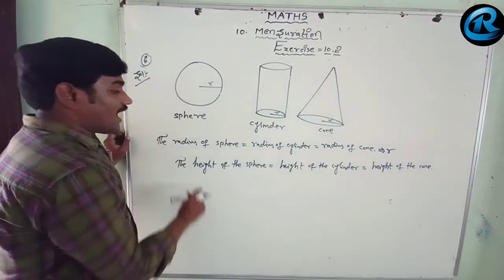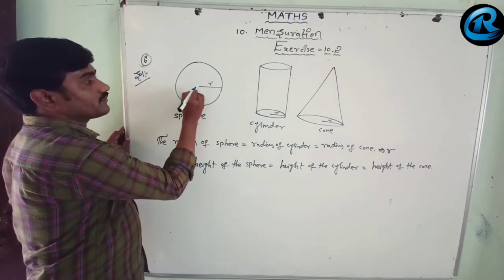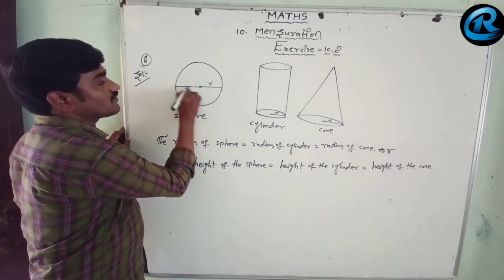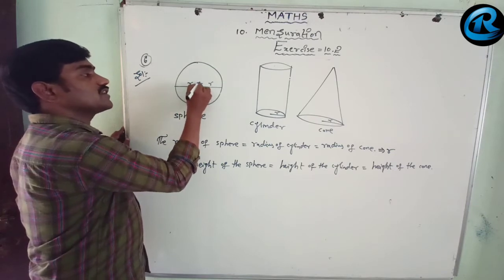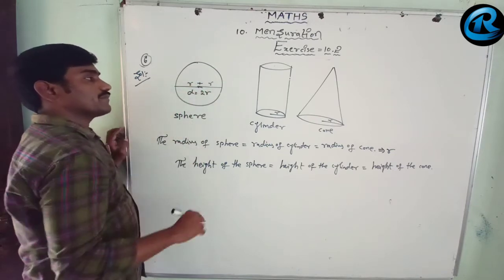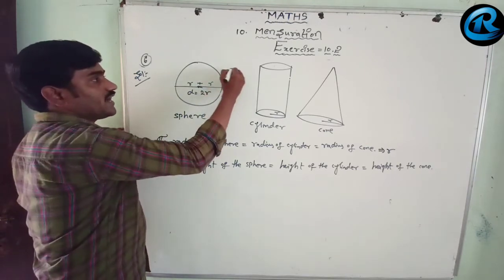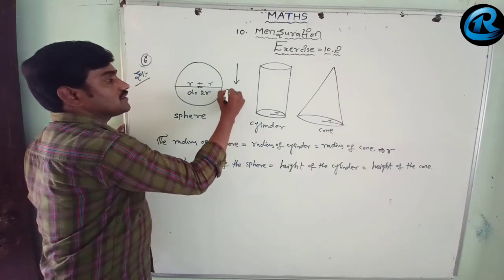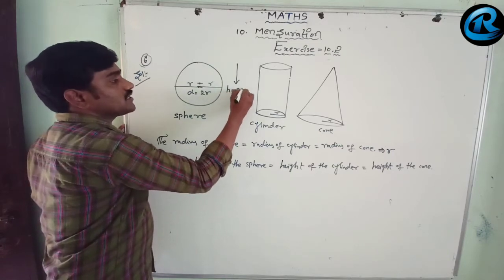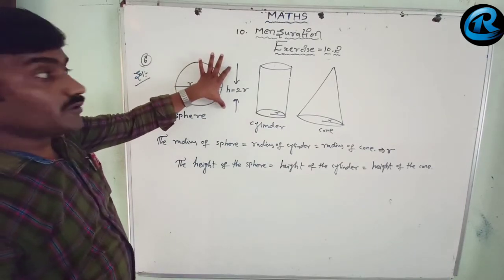What will be the height of the sphere? The height of the sphere is equal to the diameter, that is 2r. r plus r, that is 2r. The height of the sphere is 2r.